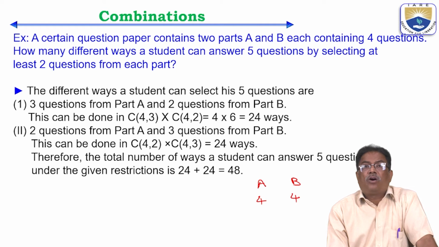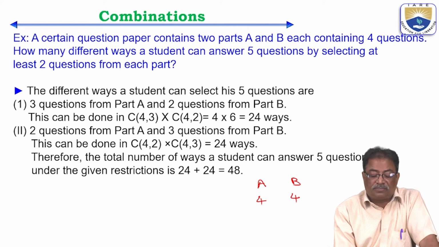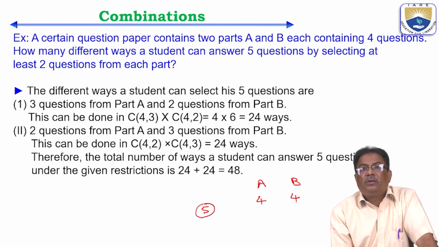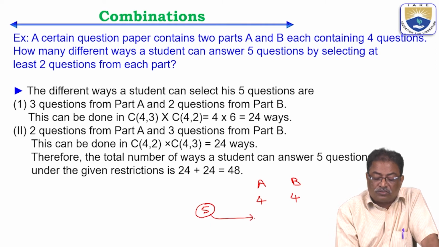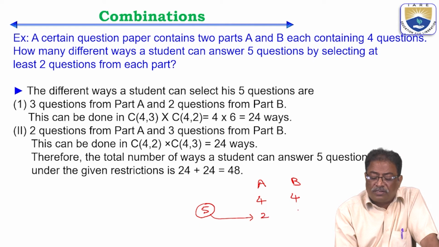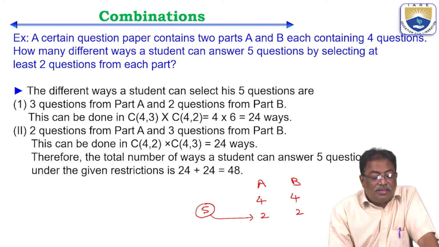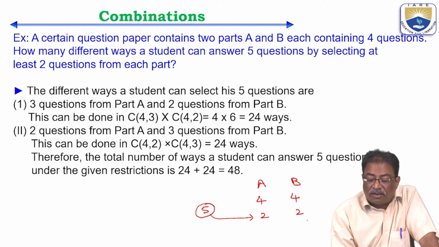Now the question is, in how many different ways can a student answer 5 questions by selecting at least 2 questions from each part? At least 2 questions. So from one part you have to select 2, from the other you have to select 3.